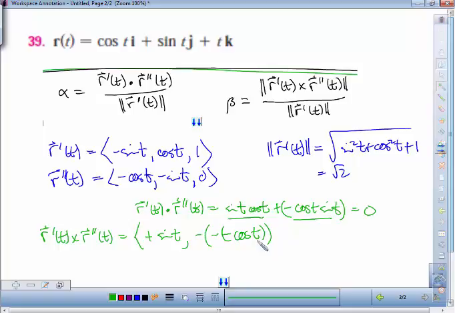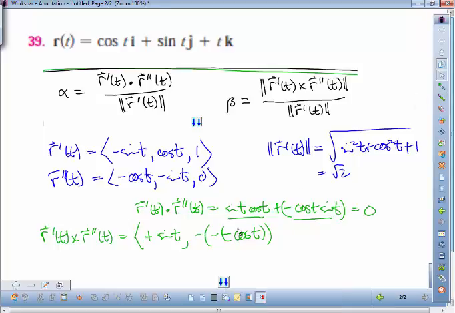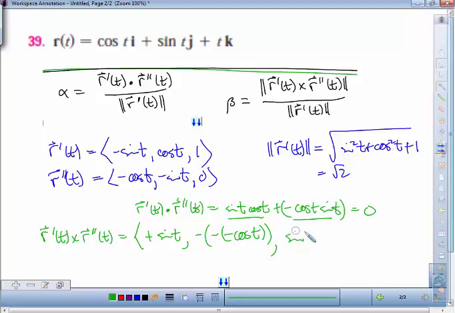So negative, negative turns out to be a negative after all that. And then the last term is going to be a positive sine squared t minus negative cosine squared t. And so that's going to give us a constant 1.